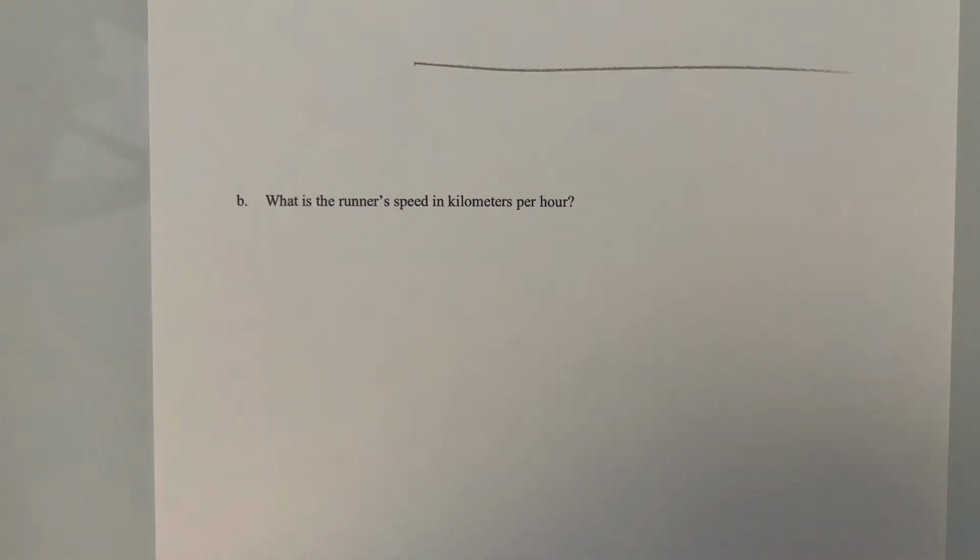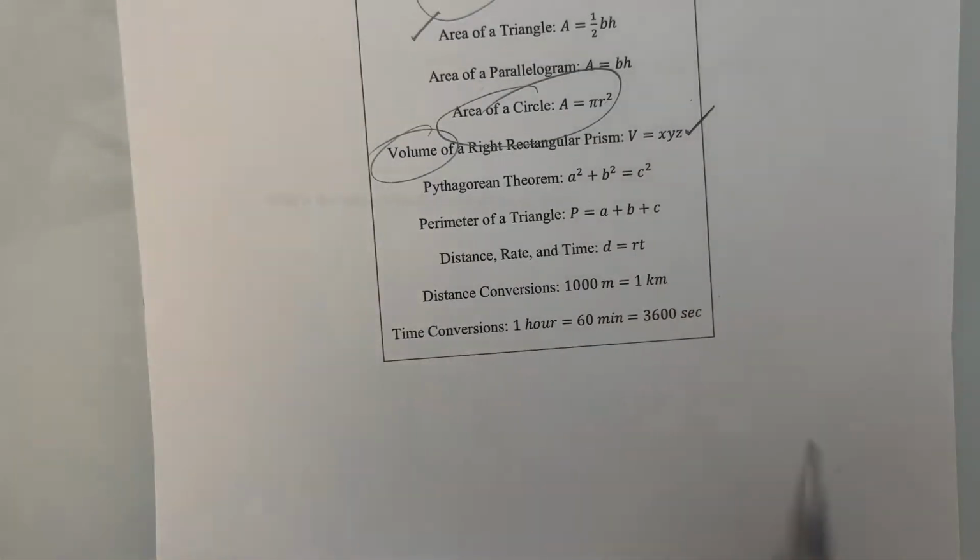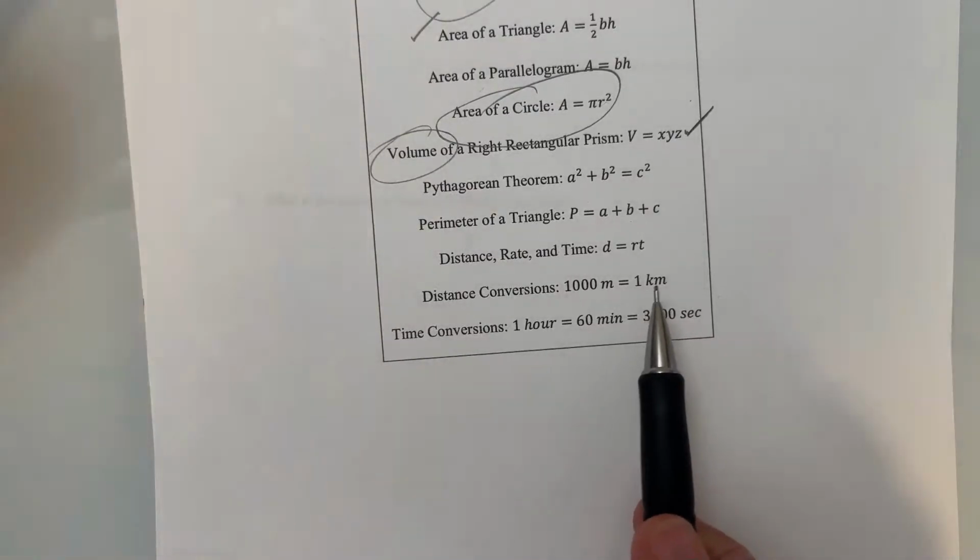What is the runner's speed in kilometers per hour? All right, so if you don't have that, we have this thing here, right? Because we have meters per second, we want kilometers per hour.